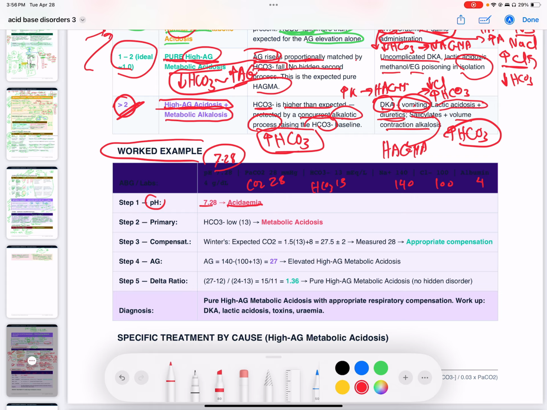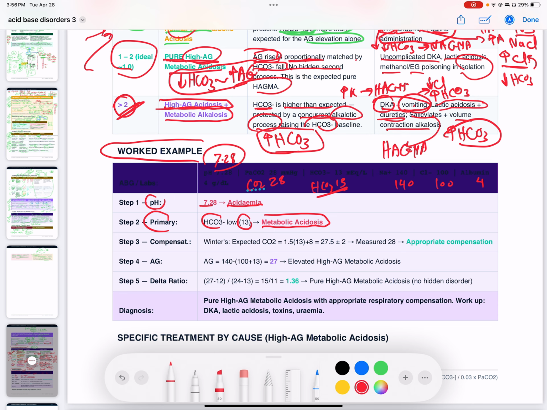Okay. We want to know what is the primary metabolic disorder. So we look at the bicarb. The bicarb is 13, so it's below 20, so it's low. So that means it's metabolic acidosis. Acidosis because the pH is low, metabolic because the bicarb is low.